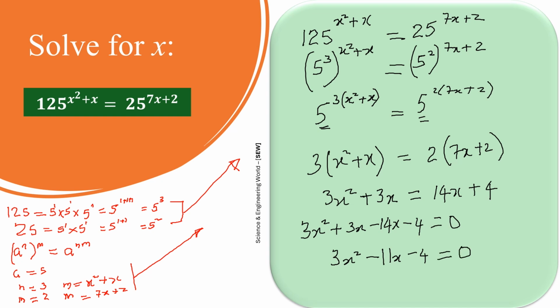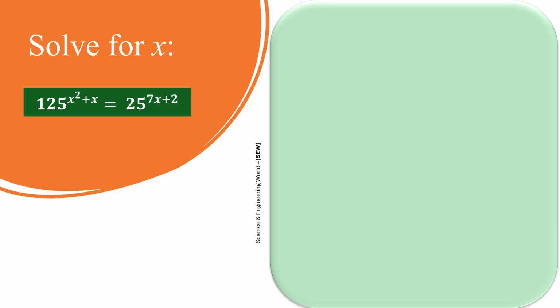Good. Now if we look at this, we will see that we have a quadratic equation, so we need to find x from here. We have 3x squared minus 11x minus 4 equals 0.